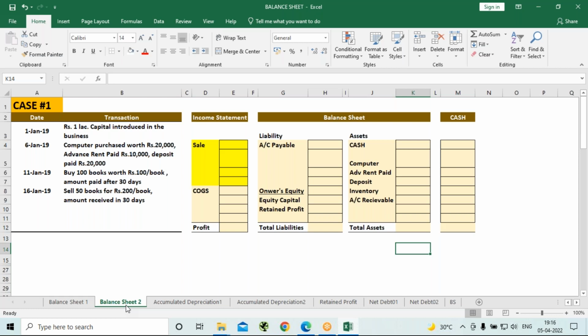So can anyone try each of these transactions? We have only 4 transactions. With these 4 transaction values, we can create an income statement as well as a balance sheet.